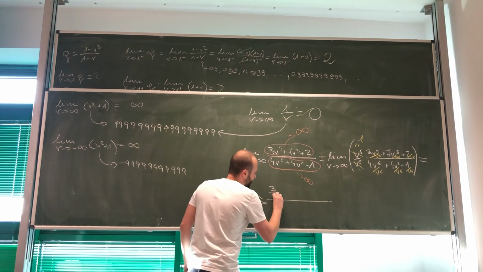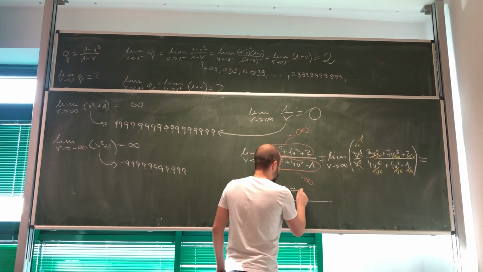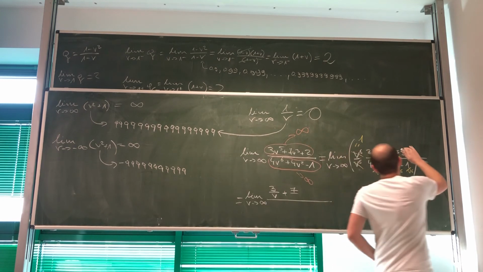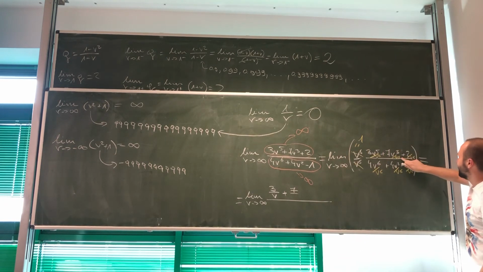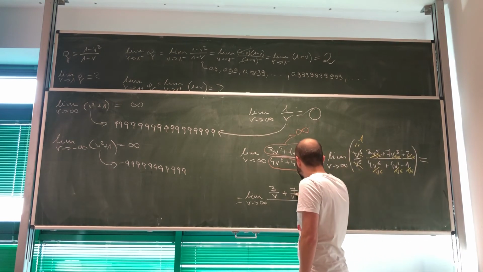So this is 3 over v. Then we've got plus 7 divided by v to the power of 3 divided by v to the power of 6, which is 1 over v to the power of 3.